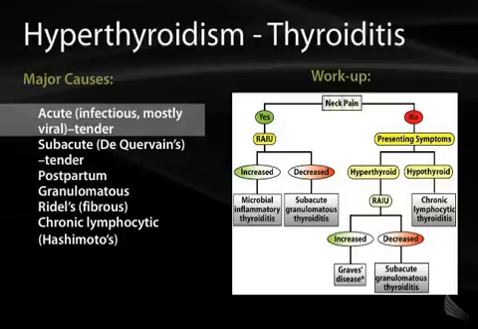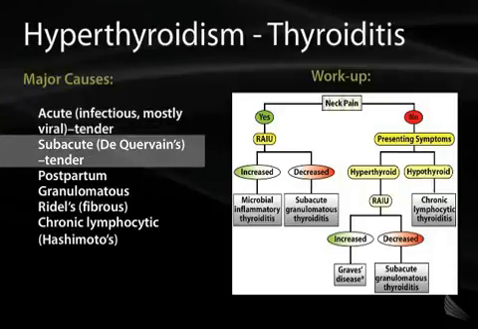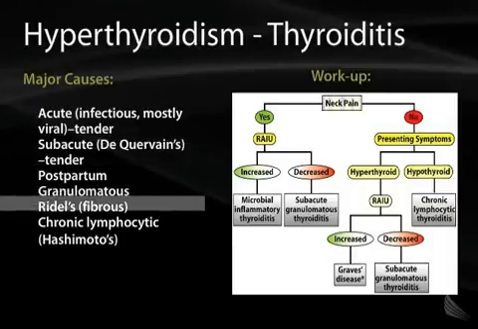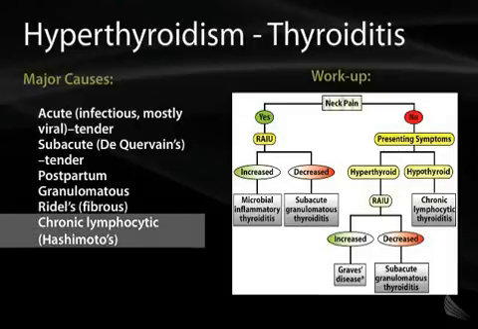There are other causes which can include acute thyroiditis, which can be infectious, and most of the time it's induced by a viral infection. There is something called subacute thyroiditis, granulomatous thyroiditis, Riedel's thyroiditis, or finally chronic lymphocytic thyroiditis, or commonly called Hashimoto's disease.